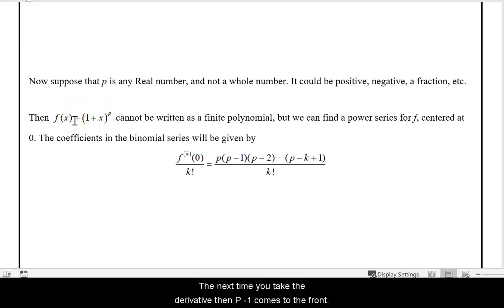The next time you take the derivative, the p minus 1 comes to the front, then the p minus 2. If you take the kth derivative, you get coming to the front the last one, which is the one right before p minus k. That would be p minus k plus 1 more.